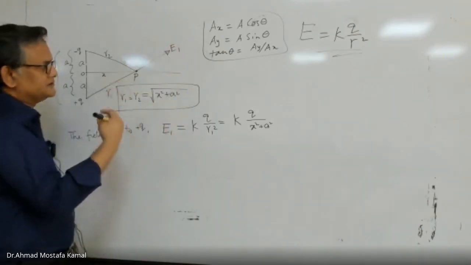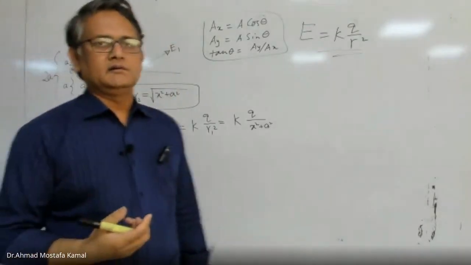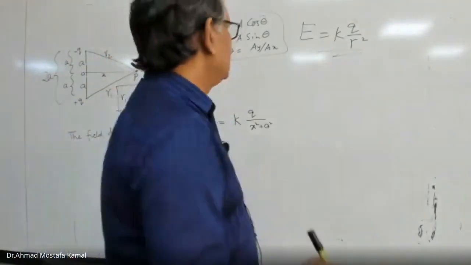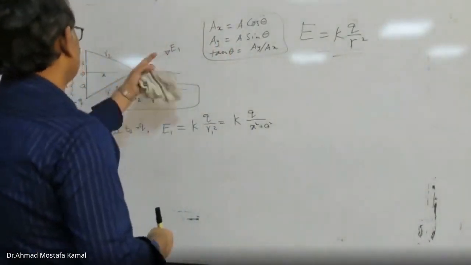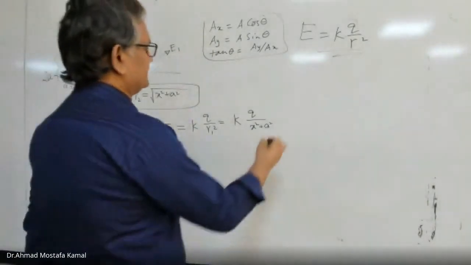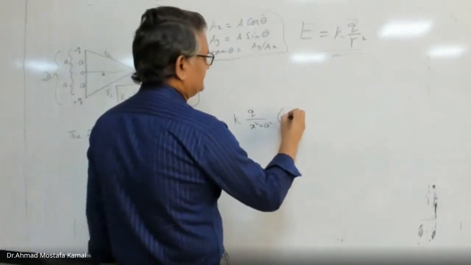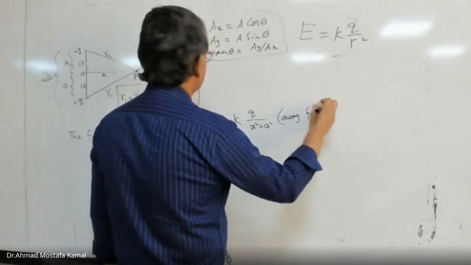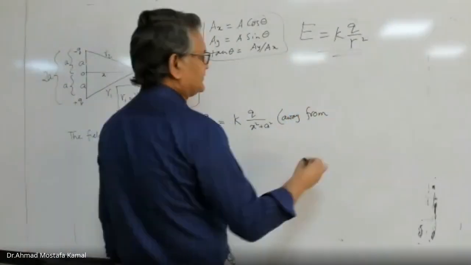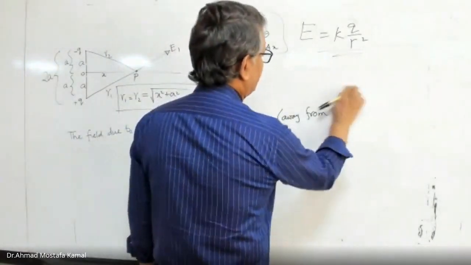Showing the direction is very important in this type of calculation. We can say the direction of E1 is away from plus Q. In bracket you have to write the direction of the vector quantity: away from plus Q.